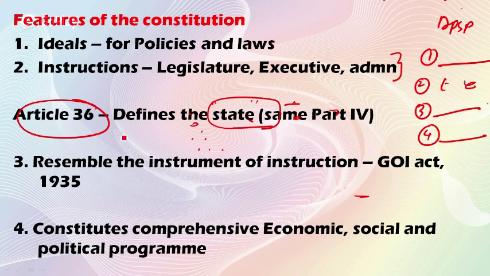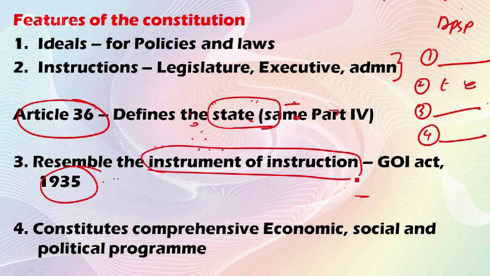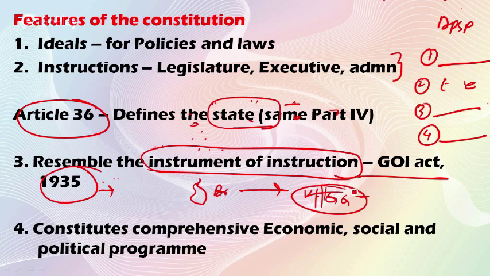And most importantly, the DPSP resemble the instrument of instructions that were mentioned in the Government of India Act 1935, that is the pre-independence legislation. So what is this instrument of instructions of the Government of India Act 1935? These are the instructions which were provided by the British government to viceroys and governor generals who were governing the Indian subcontinent.